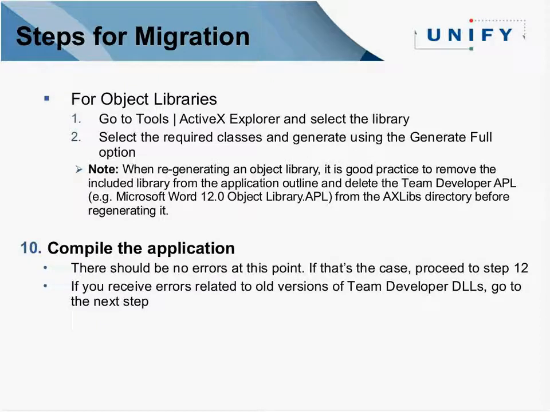If you're using that type of automation, for instance, Microsoft Word or Microsoft Excel automation in Team Developer, in order to regenerate these libraries for the TD 5.2 format, all you need to do is follow the same steps. Go to the TD menu Tools, ActiveX Explorer, select your library, select the required classes, and generate the new class using the Generate Full option. At this point, again, you will have a new library in your AXLibs folder in the TD 5.2 format.